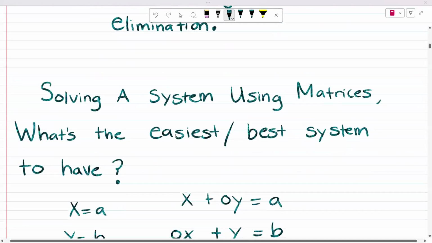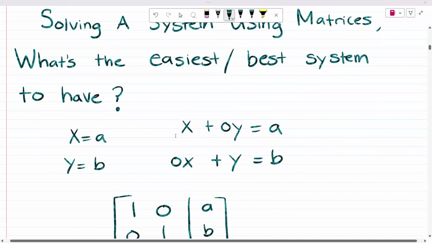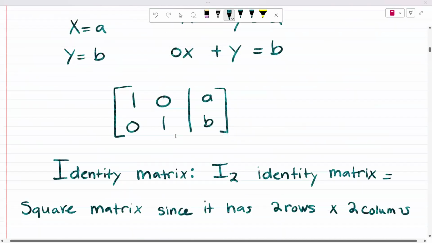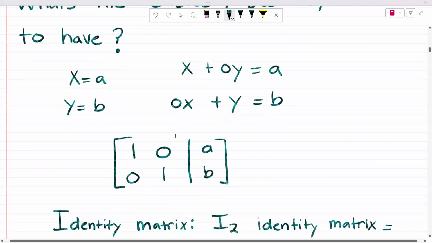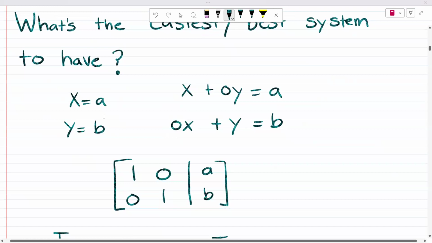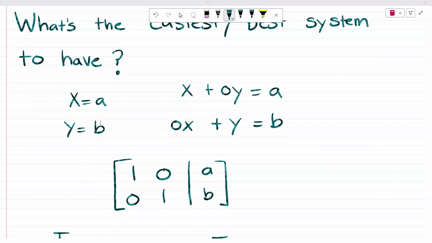So solving a system using matrices, what's the easiest or best way? If you could have a matrix, it's best to have it in a square matrix. So if you look at this example, we have x equals a, y equals b. And we have to somehow put that in an augmented matrix.